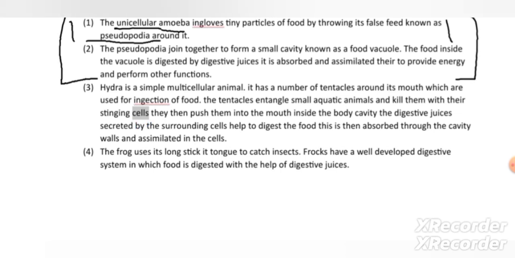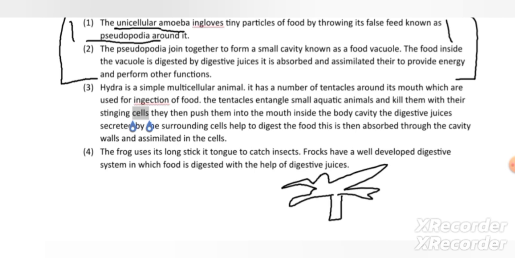Our second nutrition is of Hydra. Multicellular organisms are those that are made up of multiple cells. Hydra is a simple multicellular organism or animal. It has a number of tentacles around its mouth. This is Hydra.